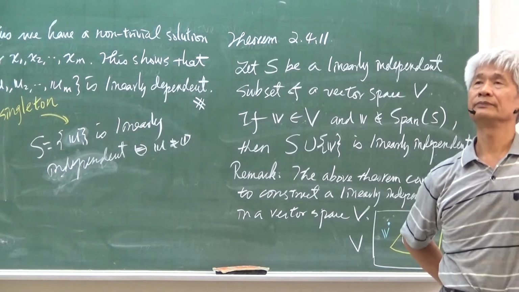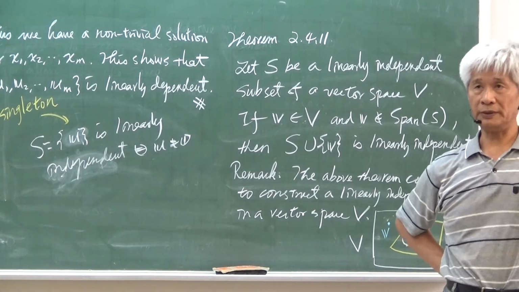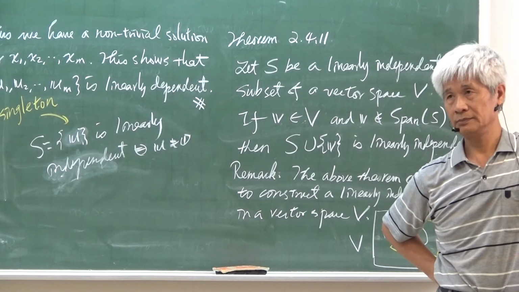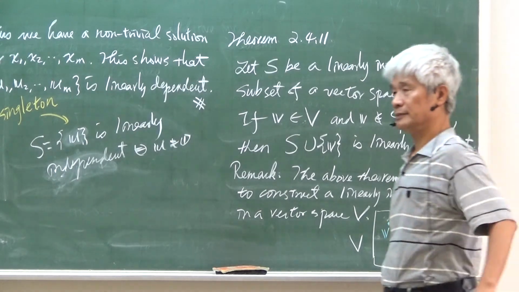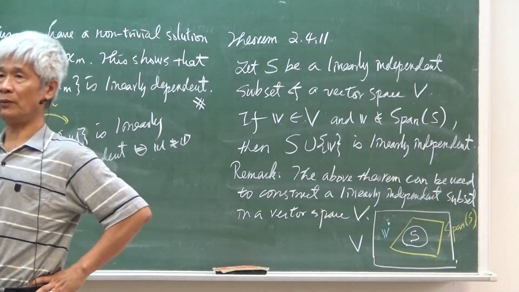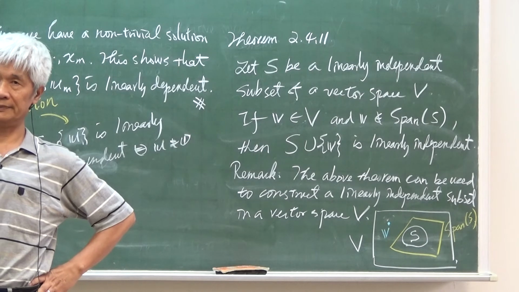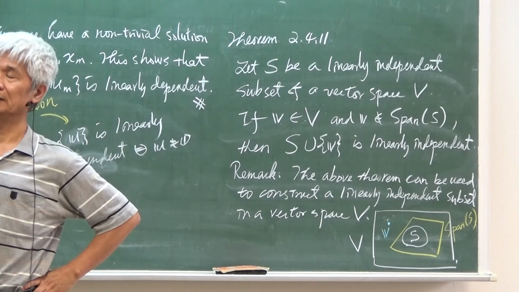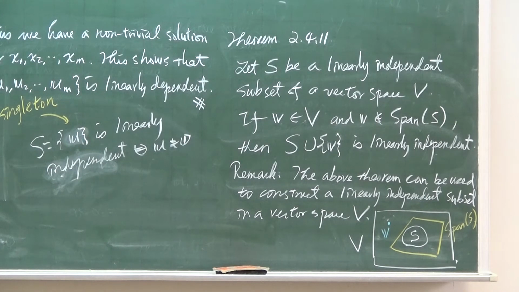For example, the vector space of all real polynomials. First of all, you pick up the constant polynomial 1 into S. The original S is the empty set. So 1 is linearly independent. The span of 1 is just the constant polynomials, so you pick up a polynomial of degree 1, which is x.